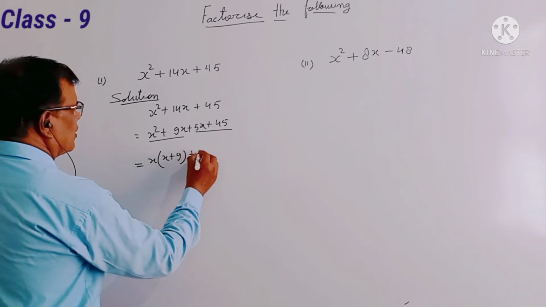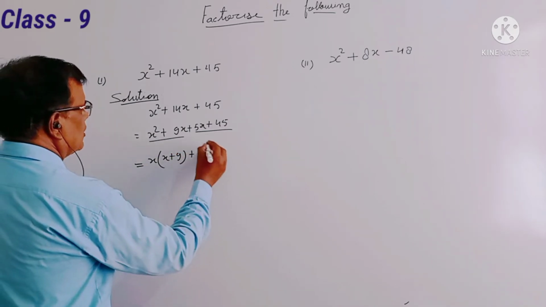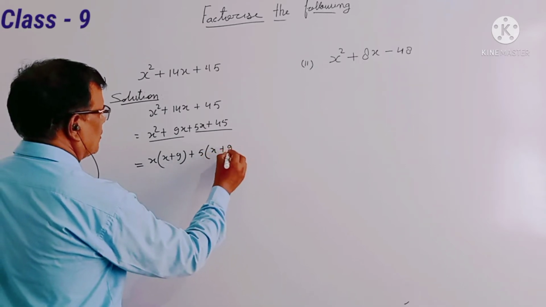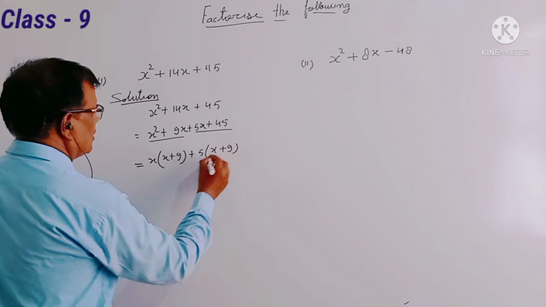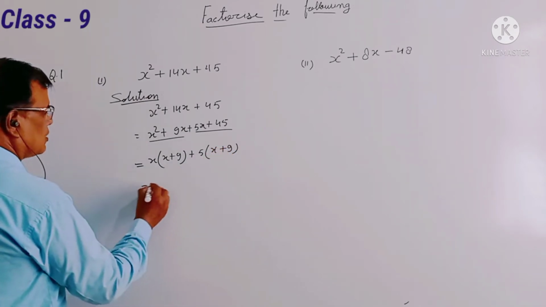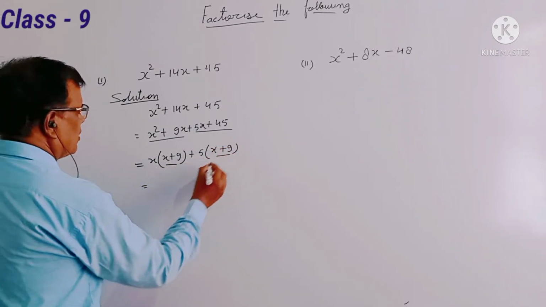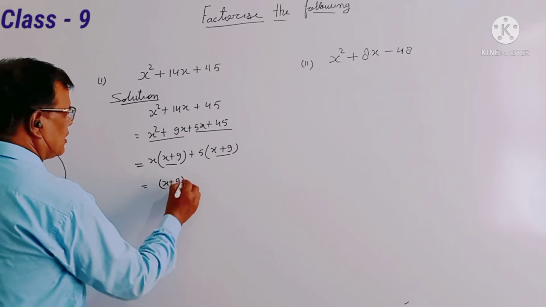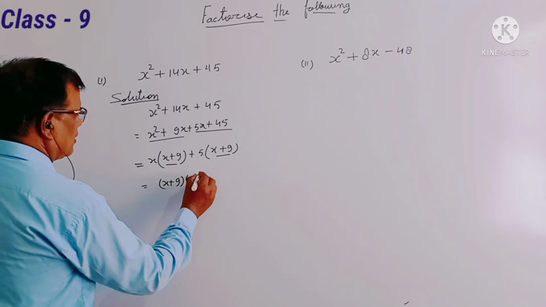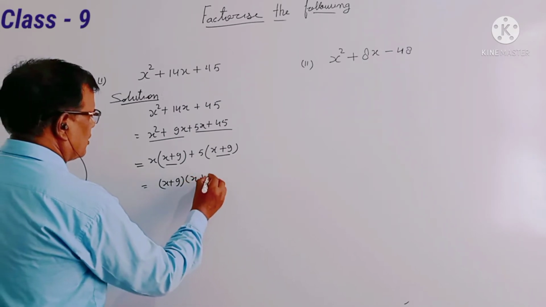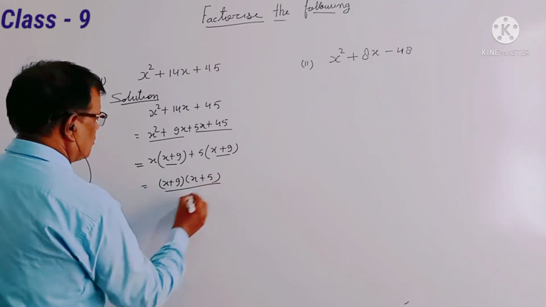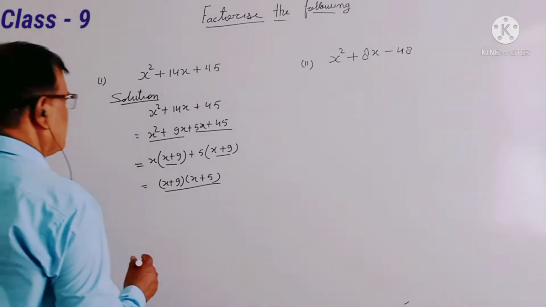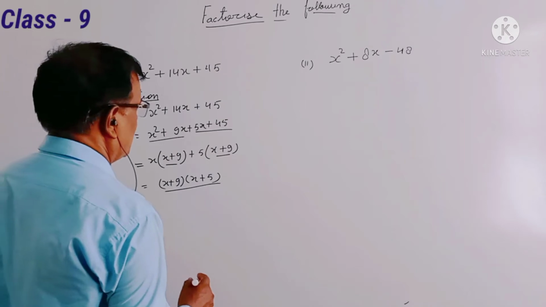Now when we take 5 common, then it becomes x plus 5. Now we see in these two pairs x plus 9 is common, so we take x plus 9 as common and here will remain x plus 5. These are the two factors of the given x square plus 14x plus 45.